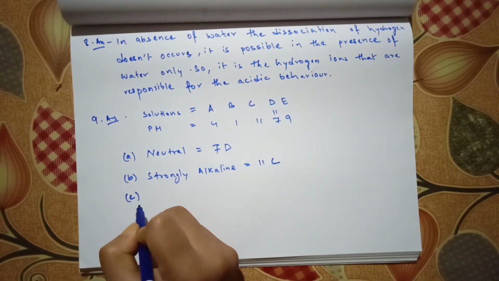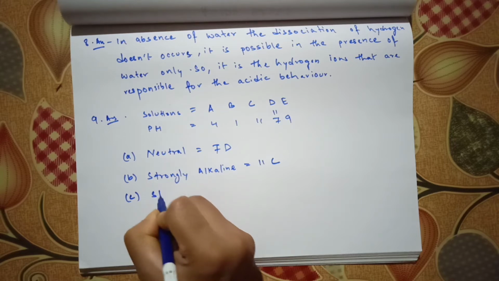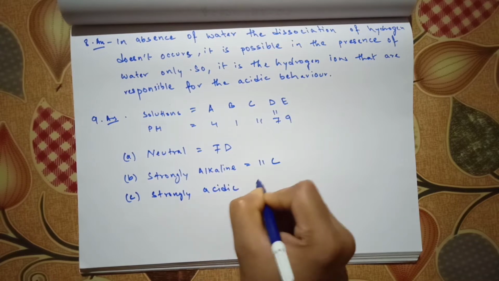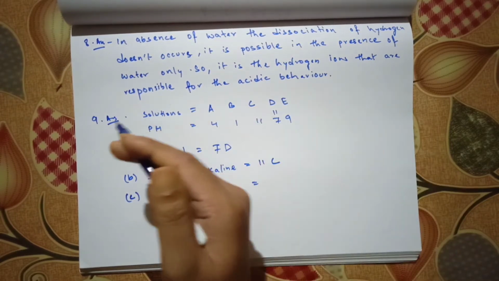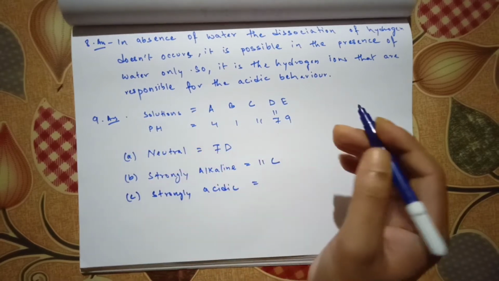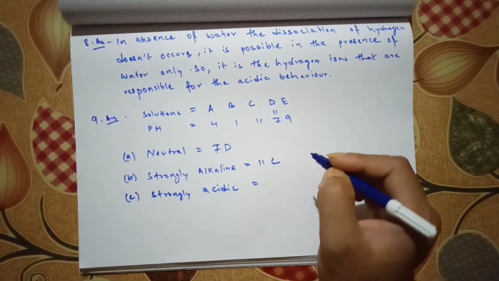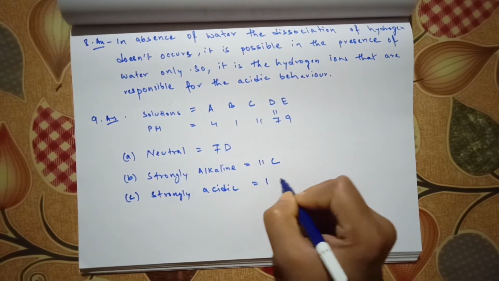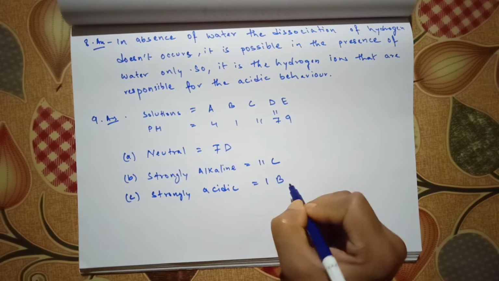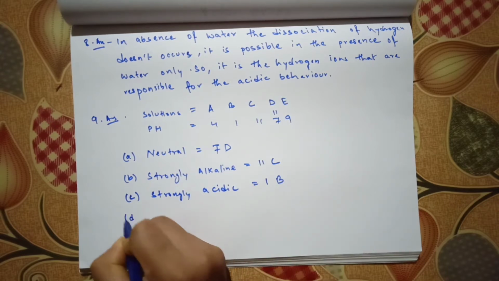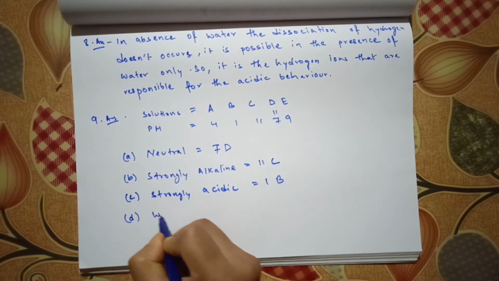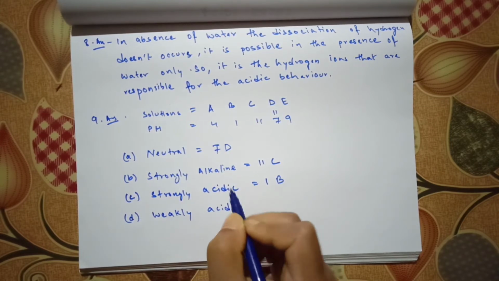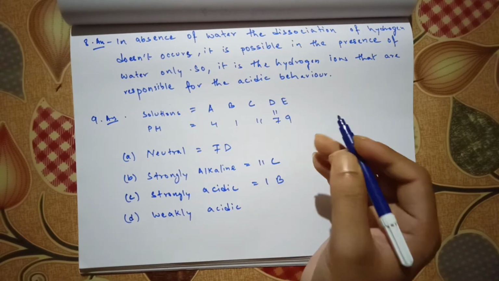Next, which is strongly acidic? We know that going from 7 in the decreasing direction we get the strongly acidic. So 1 is strongly acidic, so pH is 1 and the solution is B. Then weakly acidic: the number nearest to 7 will be weakly acidic.